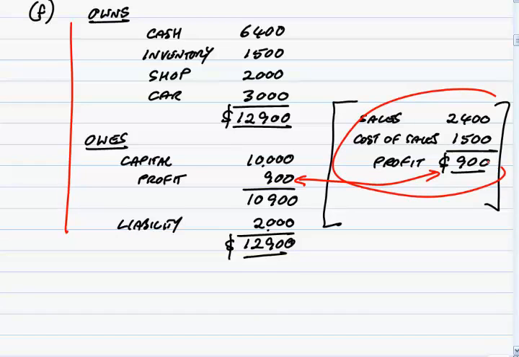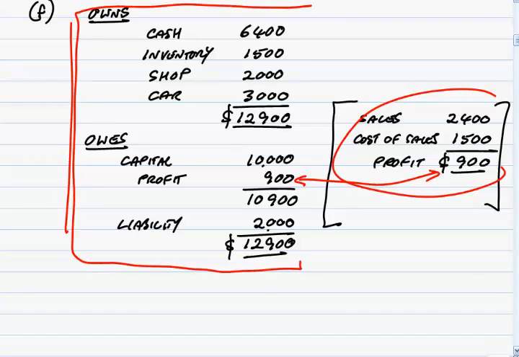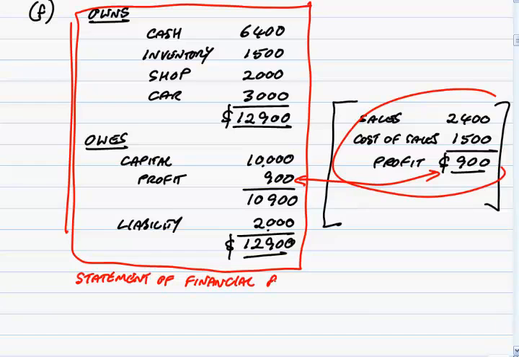And although I haven't said so far, it's probably already fairly obvious that what this statement is called is a statement of financial position. It's showing the position of the business at one point in time.